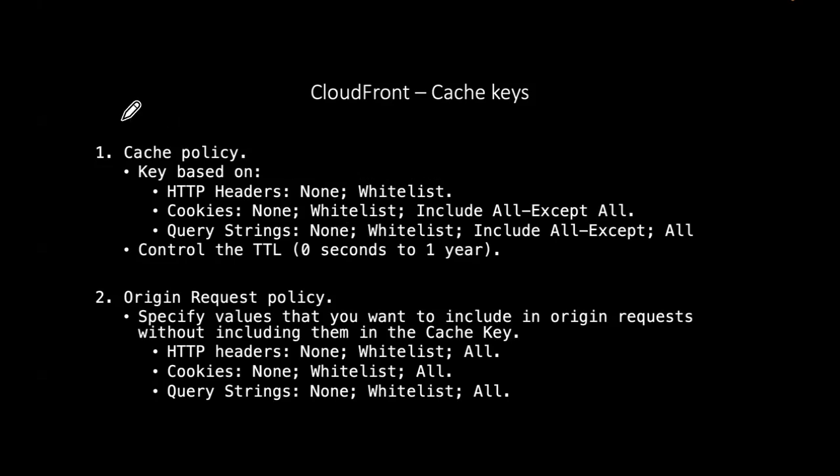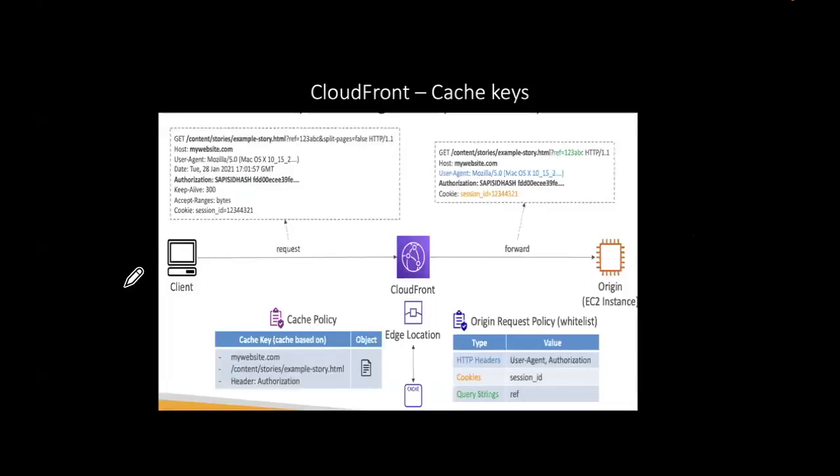Now, that's what's referred to as your cache policy associated with your CloudFront distribution. And this cache policy is something that we can configure in our CDK code. There's also something called the origin request policy. Now, where that comes in is, if I just go on to the next slide.